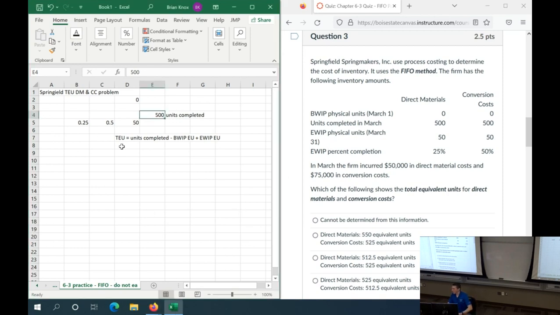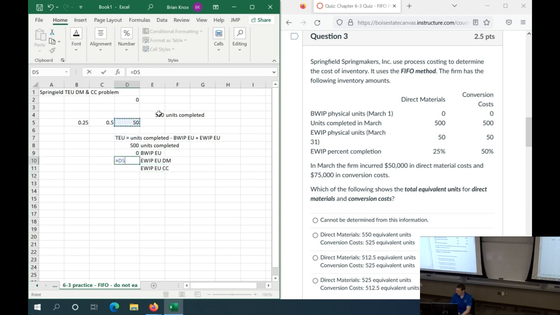Okay. So we have units completed, which equals 500. We have beginning WIP equivalent units, which is 0 because there are no units in beginning WIP. And we have our ending WIP equivalent units, which we're going to have for materials and for conversion costs.